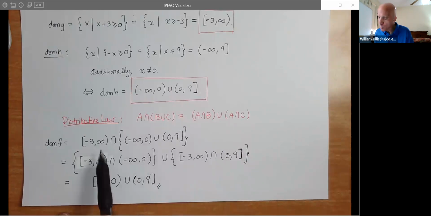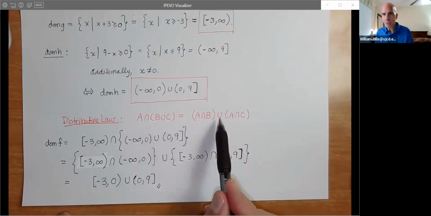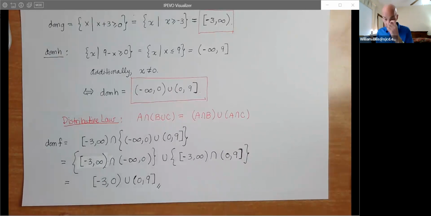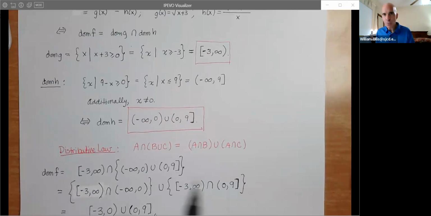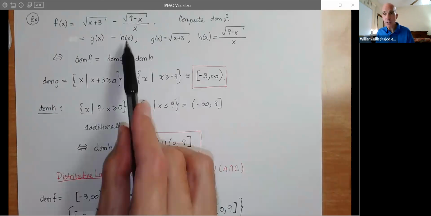You can say, well, how does this one compare to this one? You get that. How does this one compare to this one? You get that. And then you stick a union symbol. So what I want to show you is that even though the actual algebra that we do here is not very difficult, basically what we're doing is following definitions or the difference of two functions.